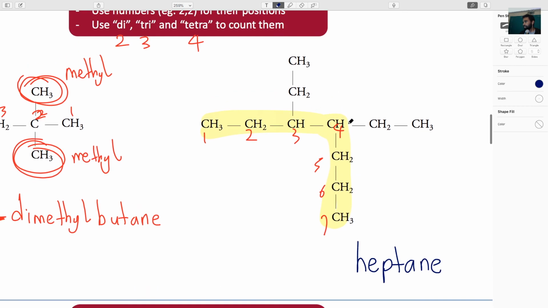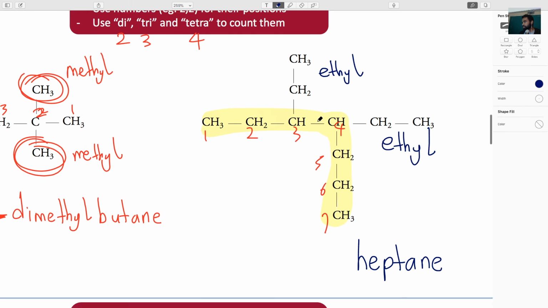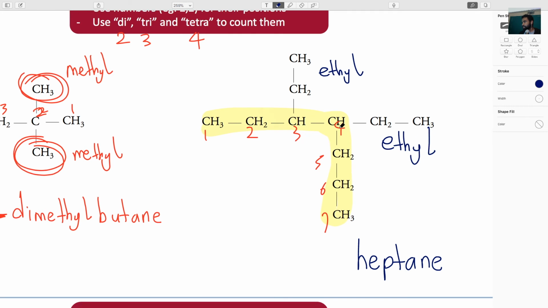Okay, and now let's look at these substituents. So on carbon number 3, we have a substituent with two carbons, which makes it an ethyl. And here we also have a substituent with 2 carbons, which also makes that an ethyl. Now what are the addresses of the ethyls? 3 and 4.